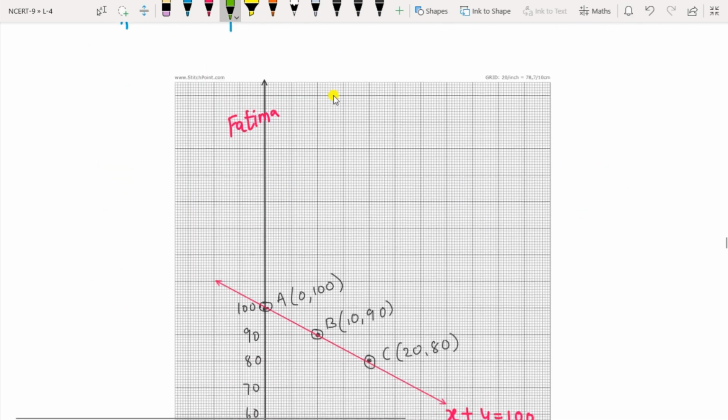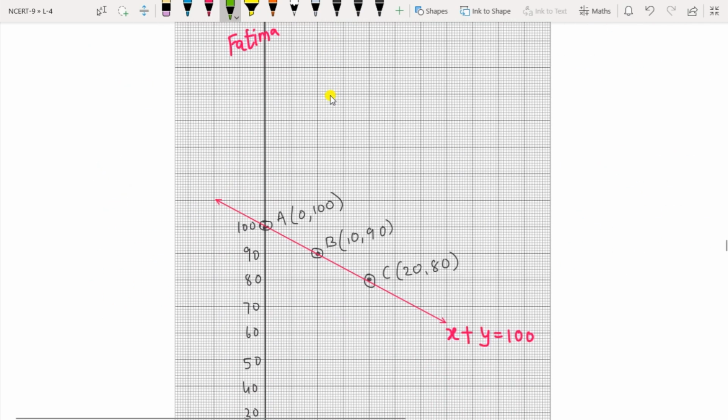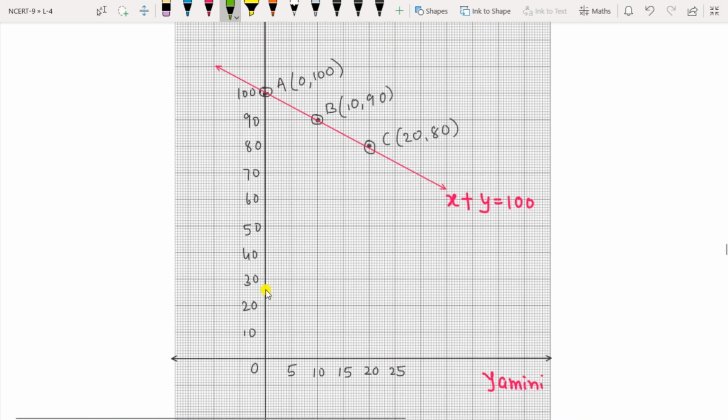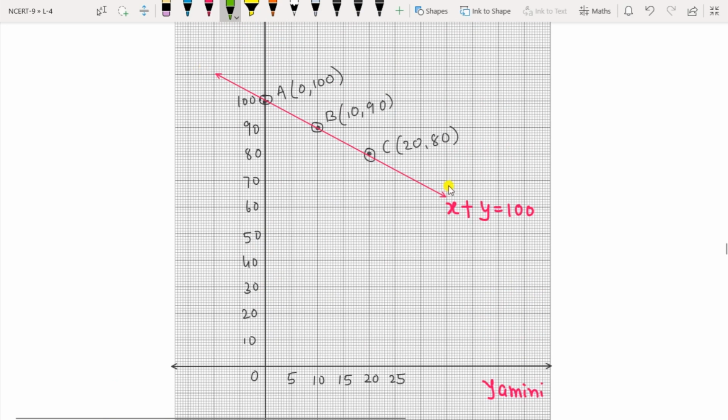And you have to draw this on the graph paper here. Y-axis let us take as Fatima and x-axis as Yamini, taking 1 centimeter as 5 units for Yamini and 1 centimeter as 10 units for Fatima. So you get such type of graph here. This is the graph for x plus y equal to 100.